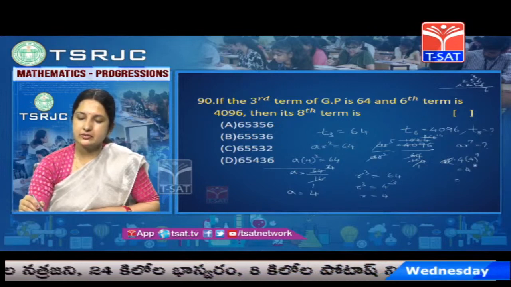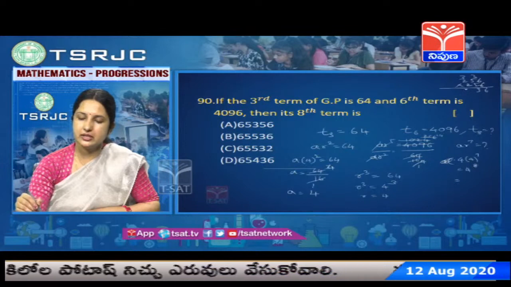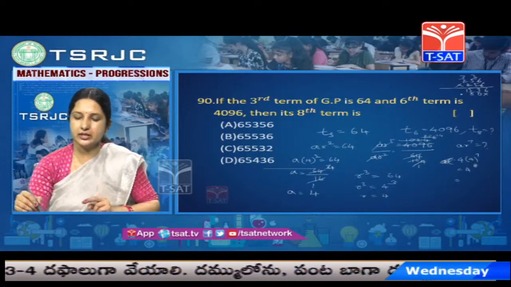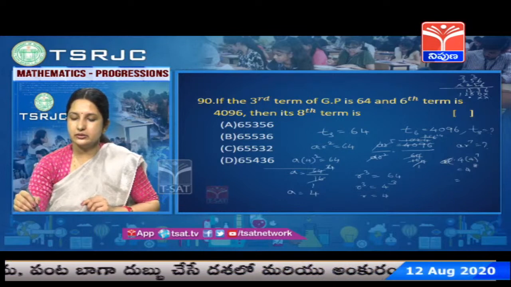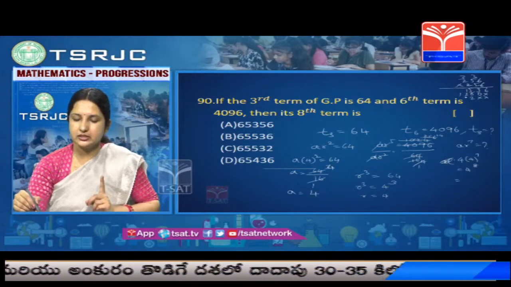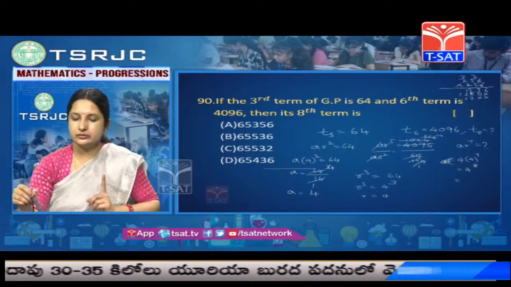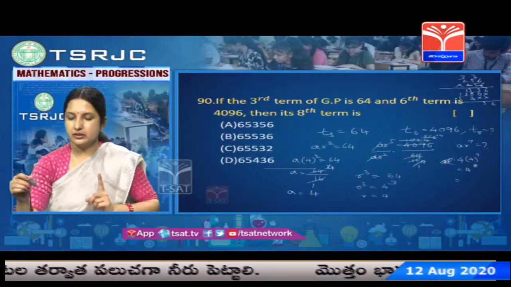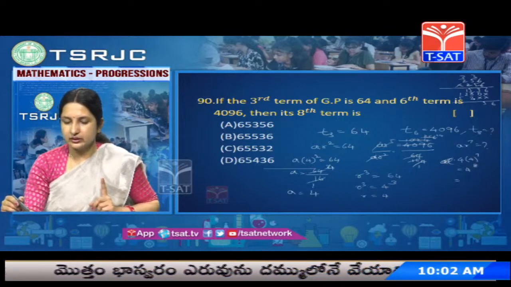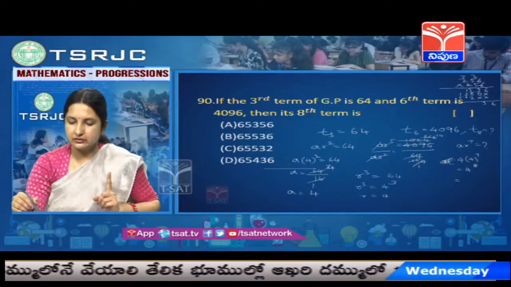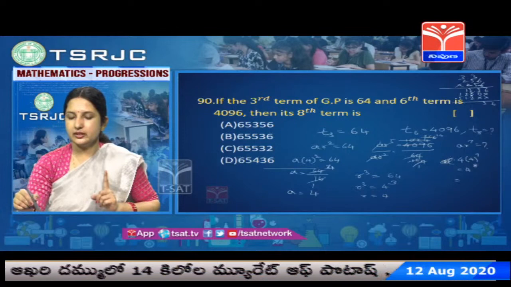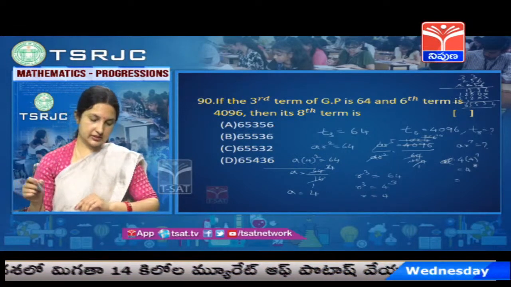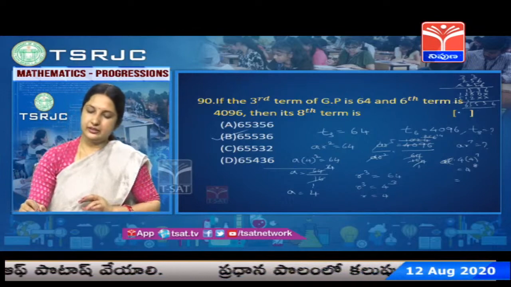Multiplying step by step: 6 sixes are 36, carry 3, and so on, and the final answer is 65536. Option B is the correct one.